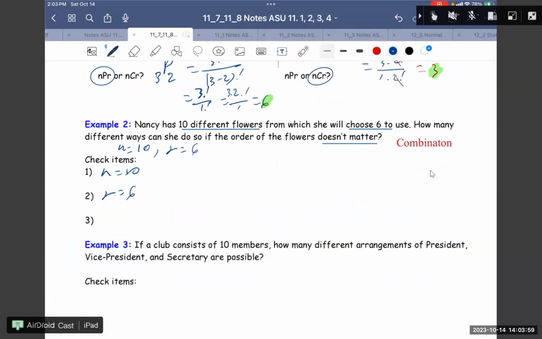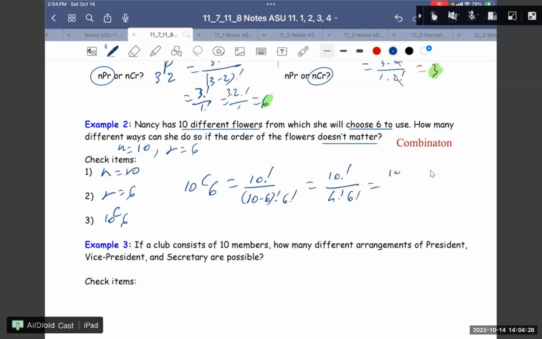So the combination is 10 choose 6, C(10, 6). This one should be 10 factorial over (10 minus 6) factorial times 6 factorial. So we can say 10 factorial over 4 factorial and 6 factorial.